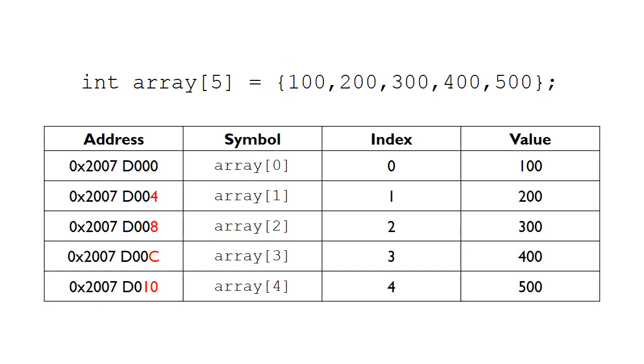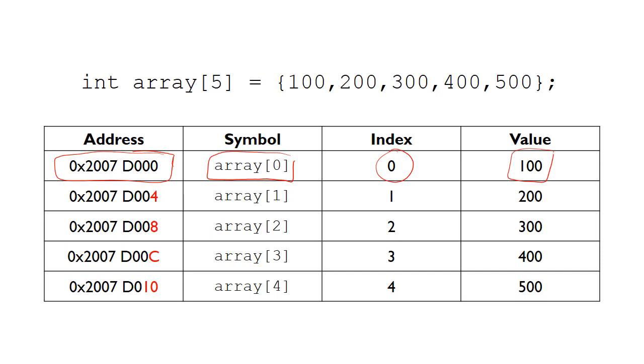Just for example, this is a memory address. If this is the first address, it will correspond to the symbol array 0. So it's the index 0 and contains the value 100. The 4 bytes starting here will contain the 32-bit value 100.